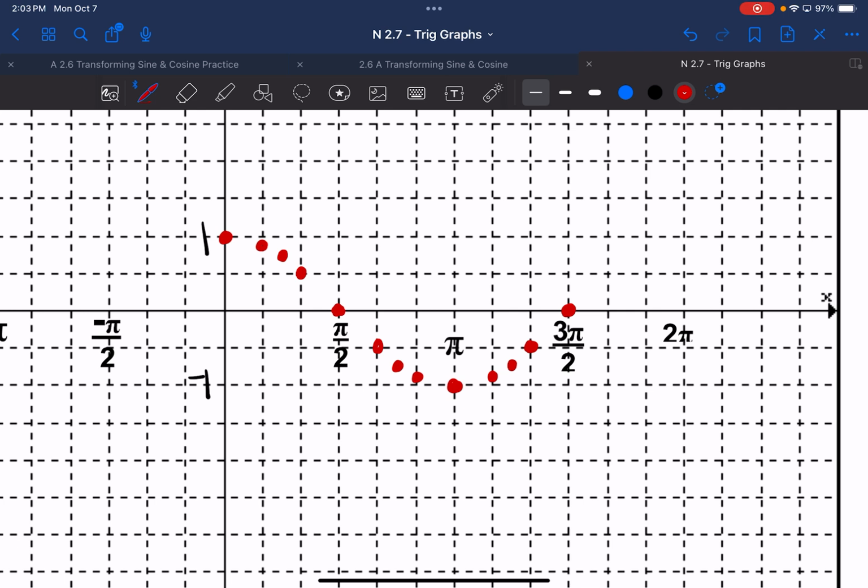Okay, last chart. So here for 5pi/3, the next line over, I'm at positive a half. And then for 7pi/4, which is in between, I'm at 0.7. And then for 11pi/6, and then for 2pi, we're back at 1, there we go.